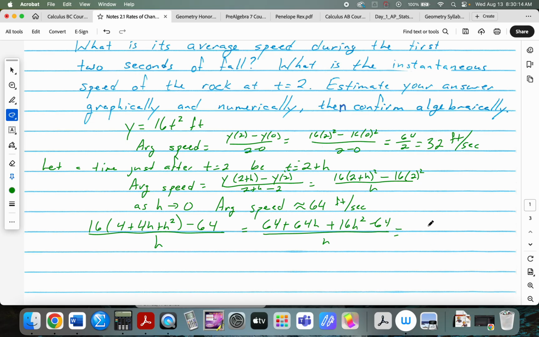The 64s happily subtract away. We get 64h plus 16h squared over h. Notice if we substitute in 0, we still get 0 over 0, which is problematic for us, right? However, I can factor out an h of the numerator. And I get h times 64 plus h over h.